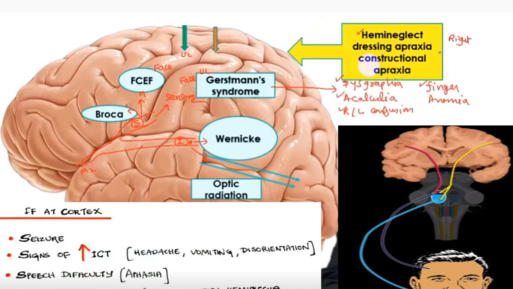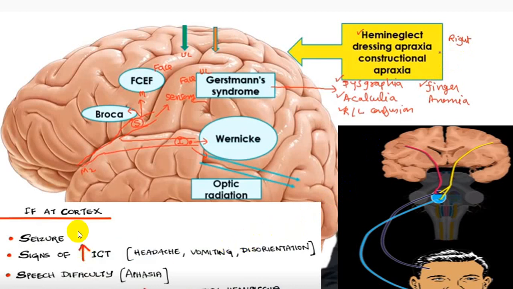That will be quite common. So agraphia or acalculia, right and left confusion, the person cannot identify right side and left side, and there will also be finger agnosia. And it is very common if there is damage to the right side cerebral hemisphere, because very frequently in a right-handed person, the left side is the dominant hemisphere. So that will be there.